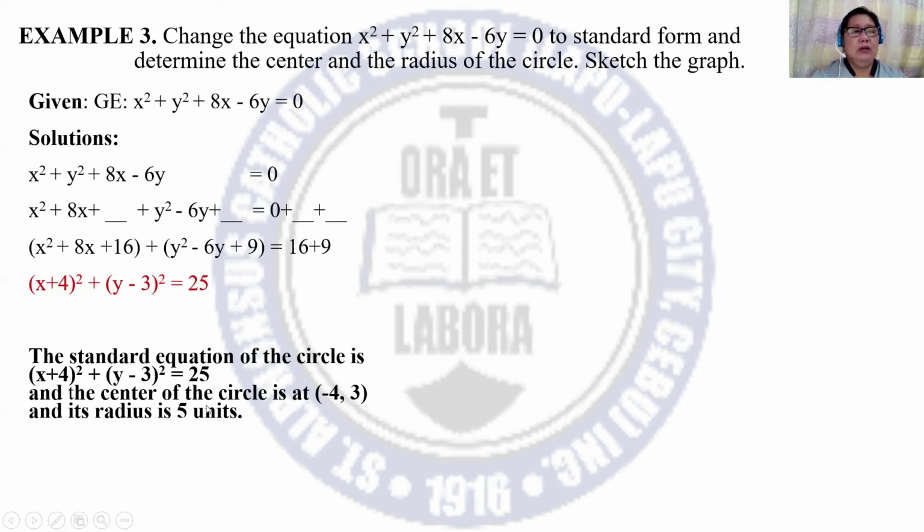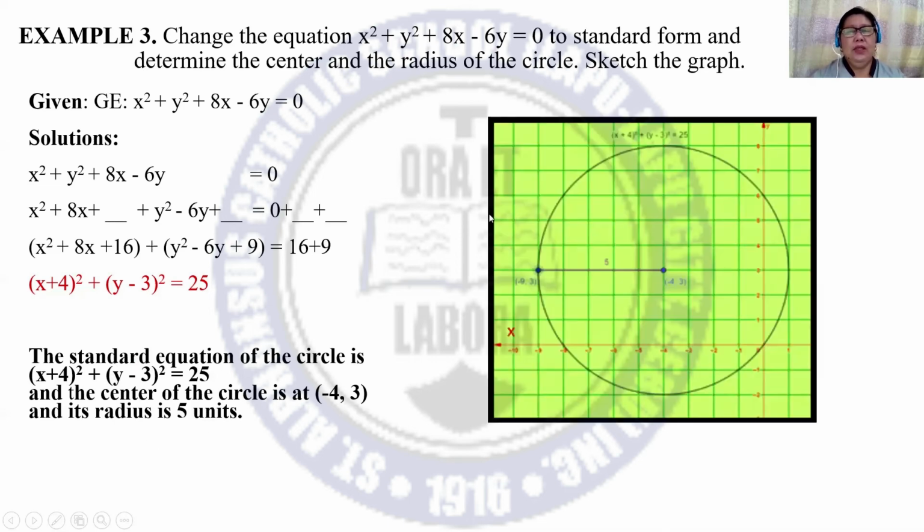And the center of the circle is at negative 4, 3, and its radius is 5 units. This is the graph of the circle. Center negative 4, 3. The radius is 5. And do not forget the equation.